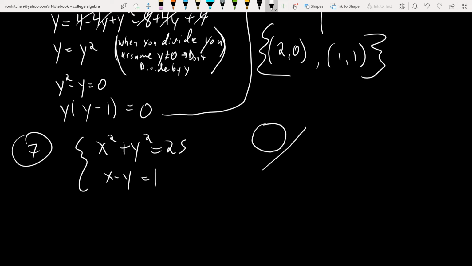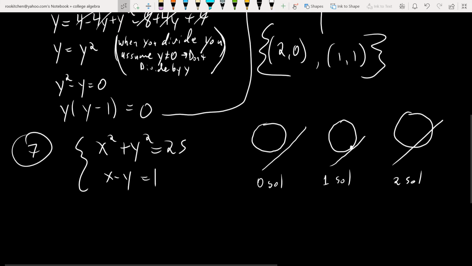So again, there are either 0 solutions if they don't hit each other, 1 solution if the line is what they call tangent, or 2 solutions if the line goes directly through the circle.